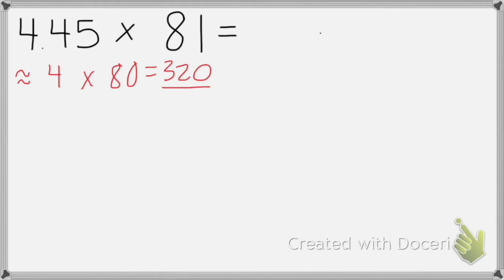Let's look at what this looks like on our area model that we learned how to do last time. So 445 hundredths can be split up into 400 plus 40 plus 5.